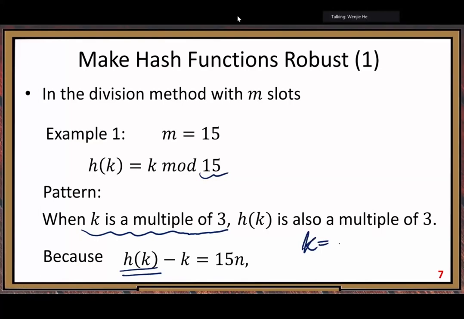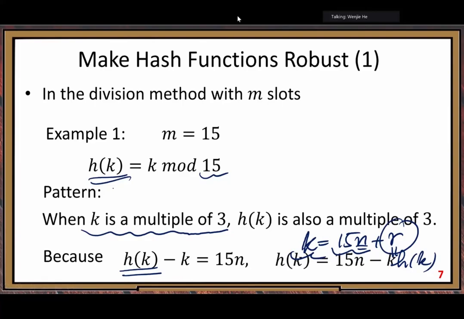You do division by 15, the quotient is n, then you have the remainder, which equals h of k. So k is a multiple of 3, 15 times n is a multiple of 3, then the remainder is also a multiple of 3.